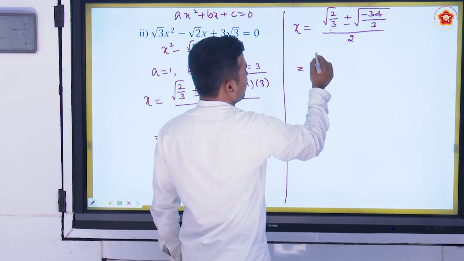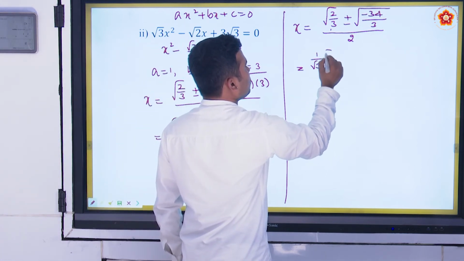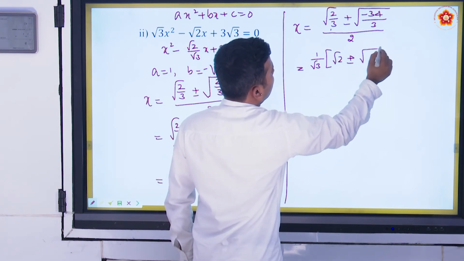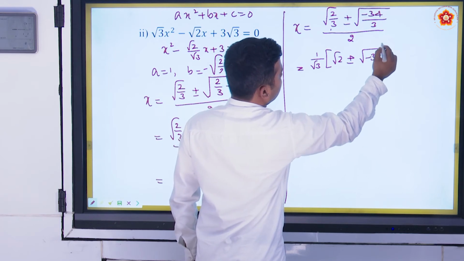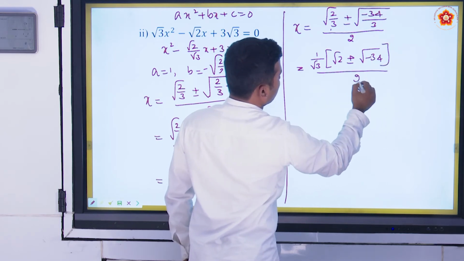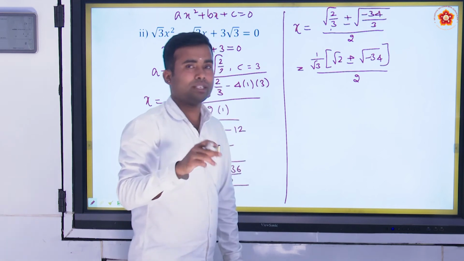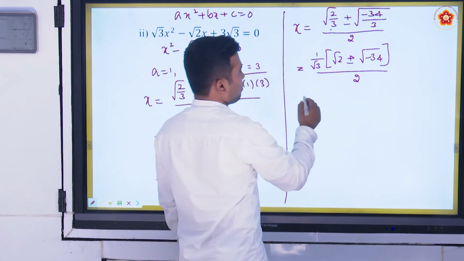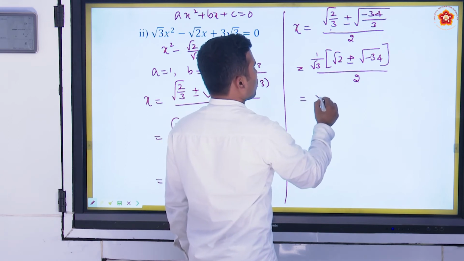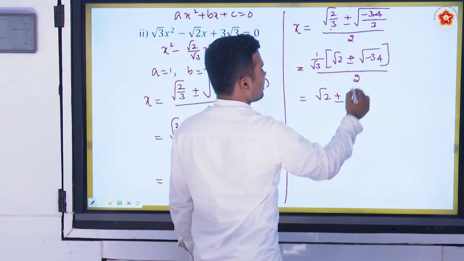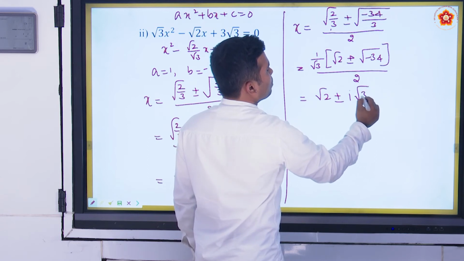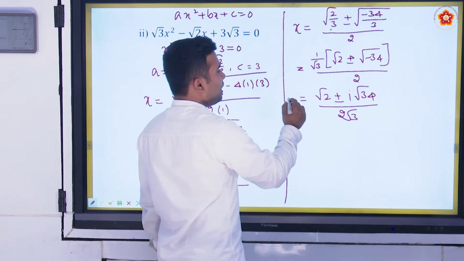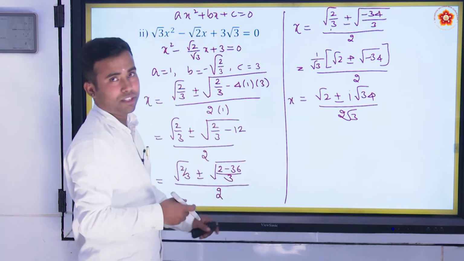So, I am left with 1 by root 3 into root 2 plus or minus square root of minus 34, whole divided by 2, and here also you can observe that b square minus 4ac is less than 0. So, that becomes complex, which is equal to root 2 plus or minus i root 34 divided by 2 root 3. Hence, this is the solution for the given equation.